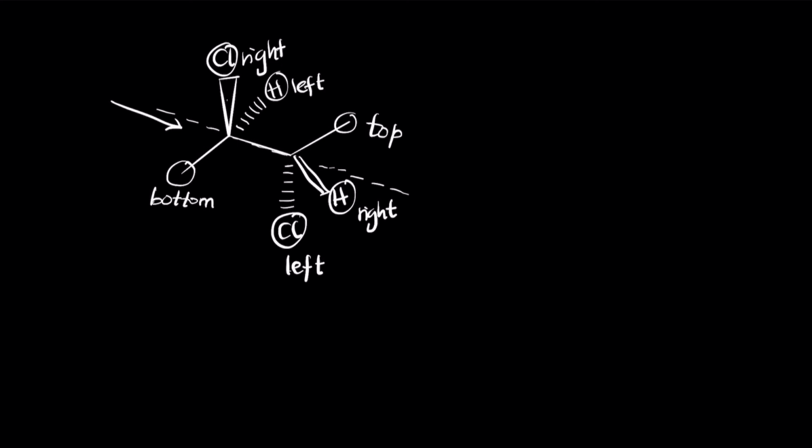Now draw the Newman diagram. The first thing that we want to do is draw a circle. Notice that in the first one there are two prongs on the upper side and one on the bottom side. And on the back side there is one on the top and two on the left and right. So now we have drawn the base structure. From the base structure, now try to draw the chlorine first. Notice the chlorine, one is on the right in the front.